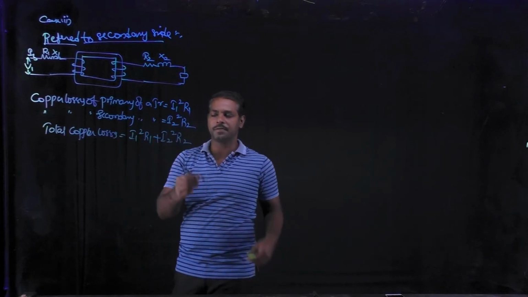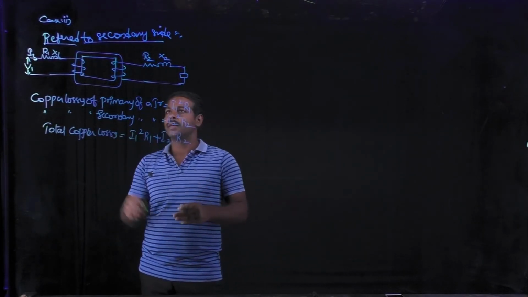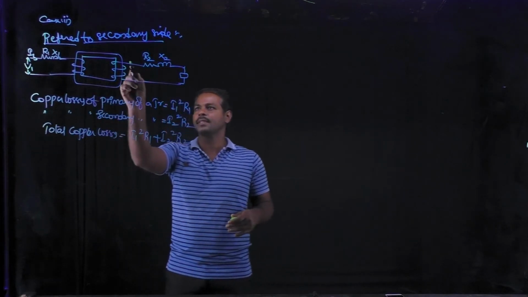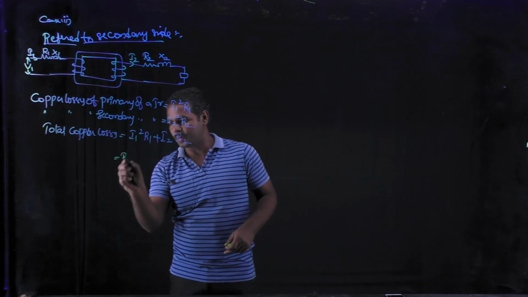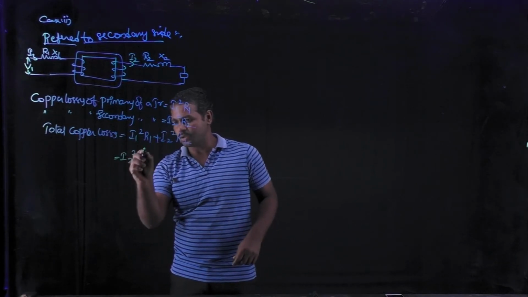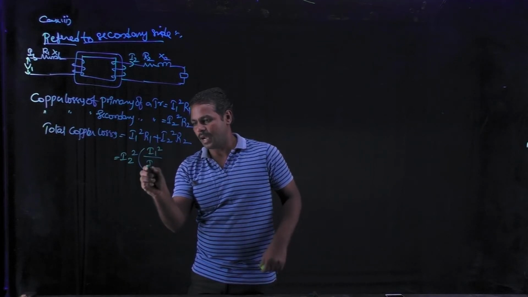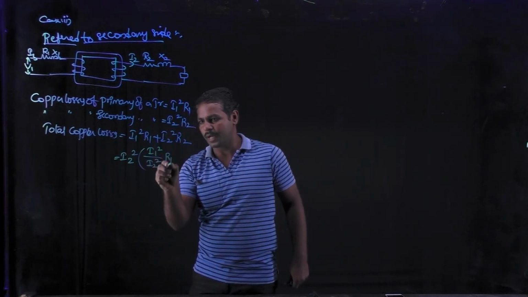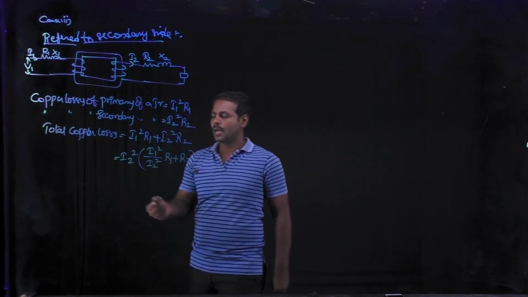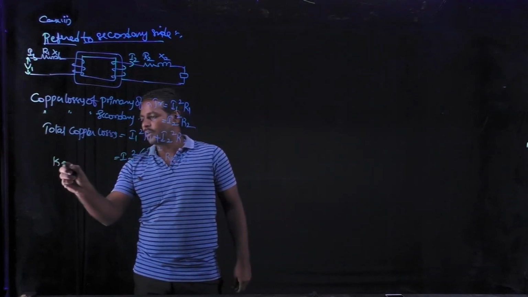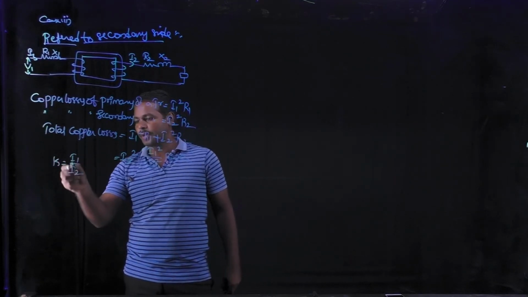So previously, when referred to the primary, I1 is common from the given equation, but in this case, referred to the secondary side, I2 is the same, so that's why I2 is common from the given equation: I2 square of I1 square divided by I2 square into R1 plus R2. So already we know K is equal to I1 divided by I2, K square is equal to I1 by I2 whole square.